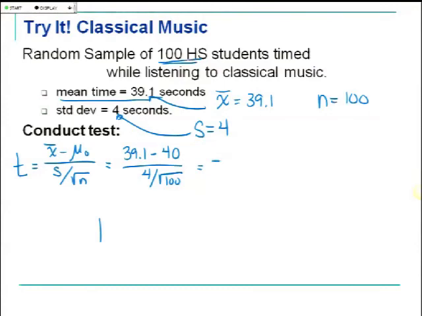Negative, because we're below the mean, negative 2.25. Our sample mean was more than 2 standard errors below 40. It was 2.25 standard errors below the null value.